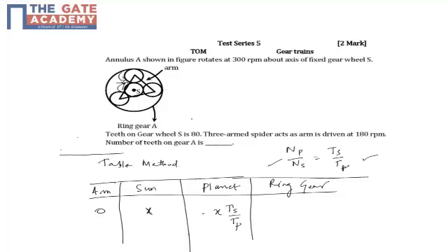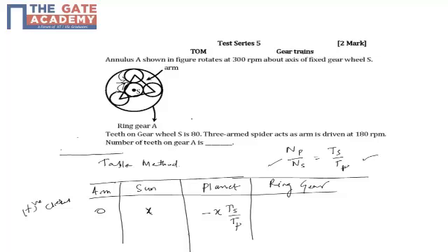Now I also put a minus sign just to represent clockwise and anti-clockwise. Positive here represents clockwise, and minus represents anti-clockwise. Because the sun gear rotates clockwise, the planet will be rotating anti-clockwise. Now coming to the ring gear.